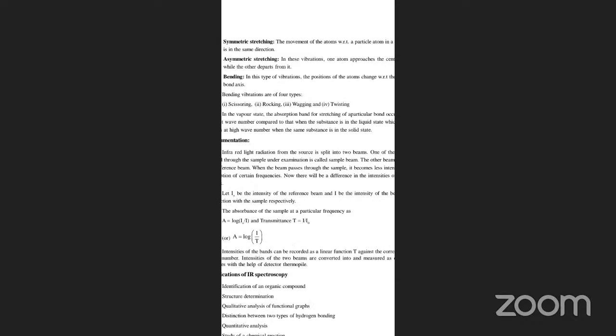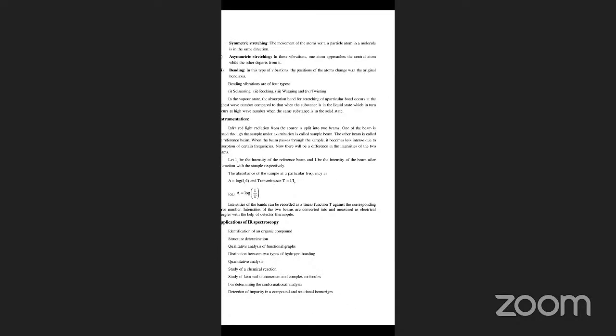Symmetric stretching: the movement of the atoms with respect to the central atom in a molecule is in the same direction. Asymmetric stretching: in this vibration, one atom approaches the central atom while the other departs from it.